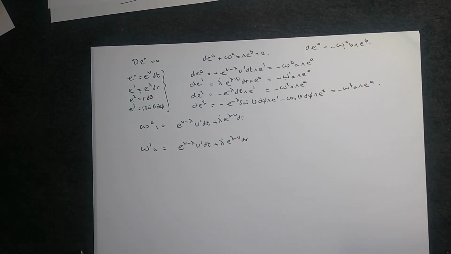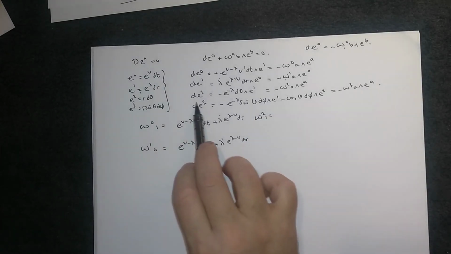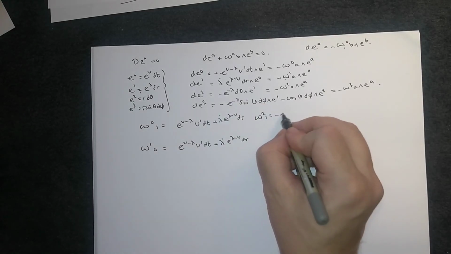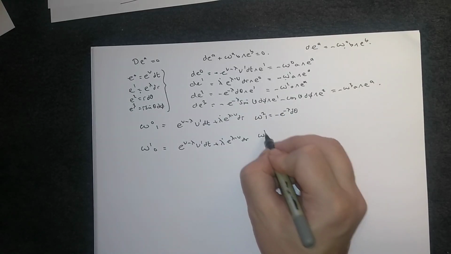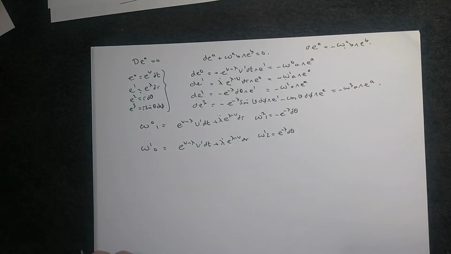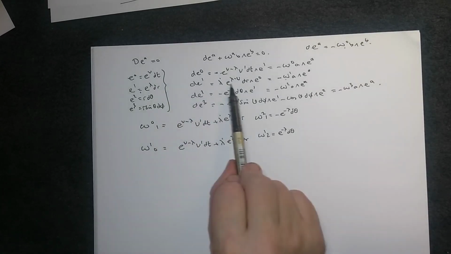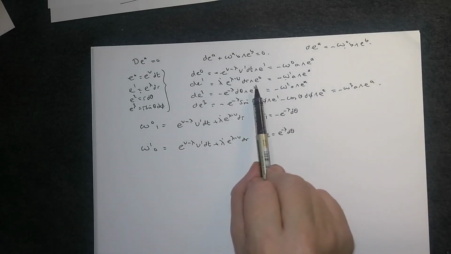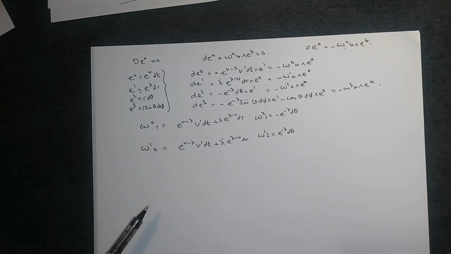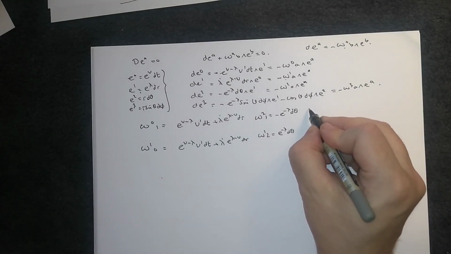So that's worked. Let's have a look at omega 2,1. Well, minus e to the minus lambda d theta, omega 1,2, e to the minus lambda d theta. You can see that omega 1,2 gives a d theta term, and d theta wedge d theta is 0. So that's nice and consistent.